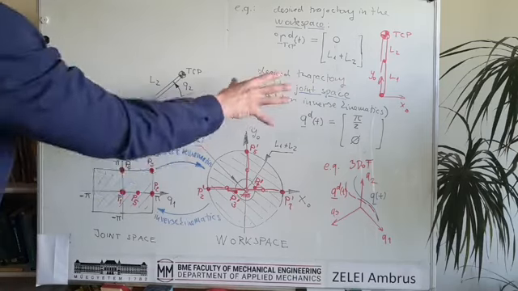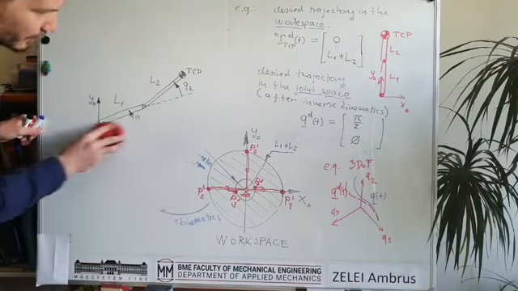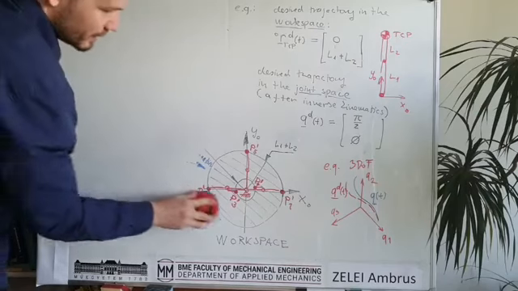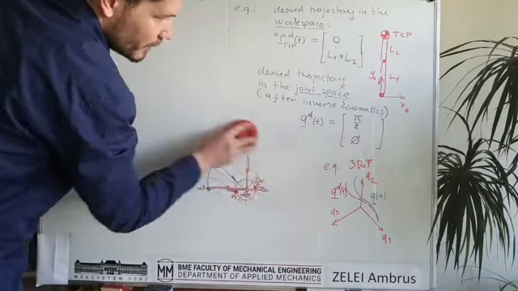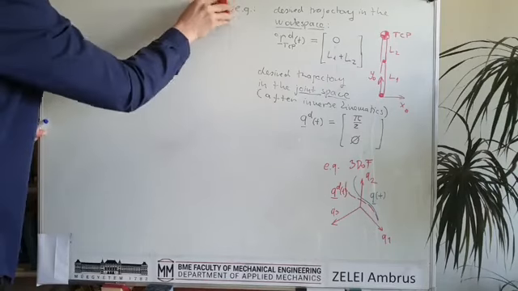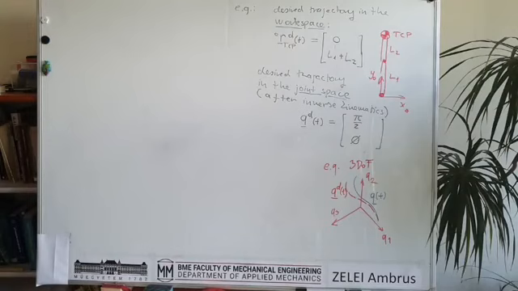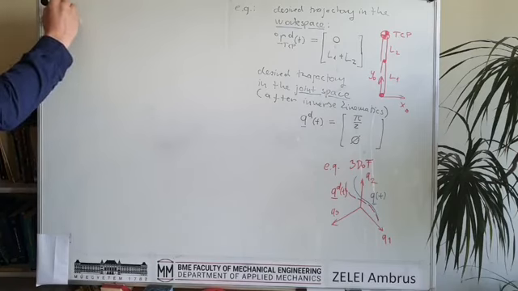Okay, so from now we have the desired trajectory in the joint space, and now it is time to really speak about the control which will guarantee that the robot follows this trajectory. And we will just check two different things. The first will be the linear feedback controller.